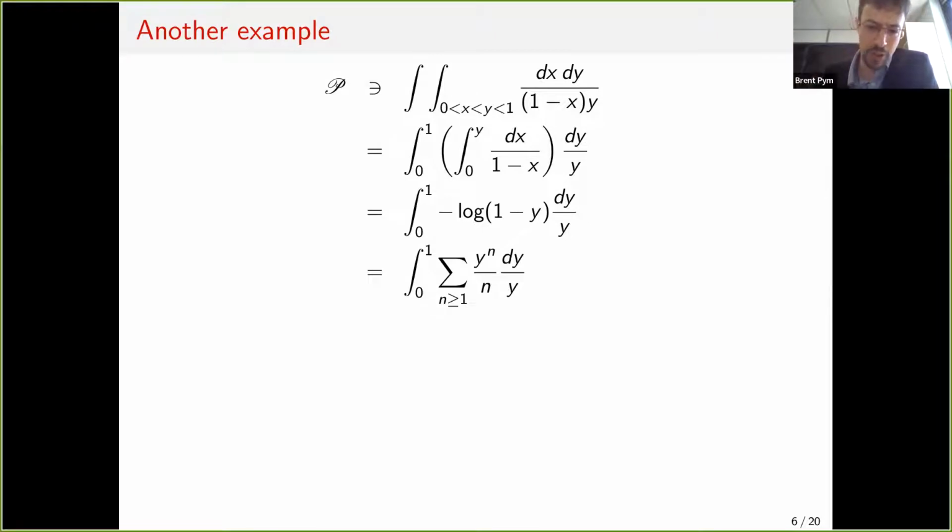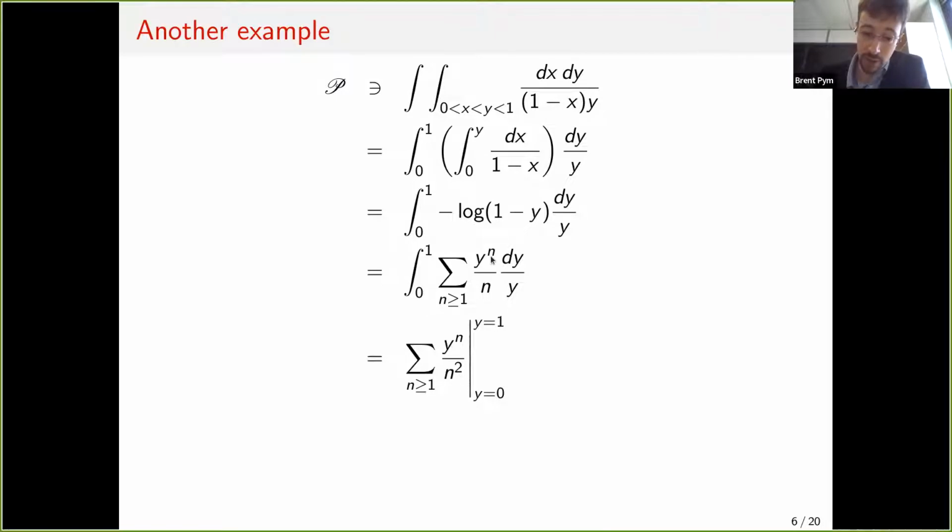So let's try to do this instead by computing the Taylor expansion. Logarithm of 1 minus y, with a minus sign out in front, has a Taylor expansion: the sum of y to the n divided by n. Then I have to divide by y and integrate with respect to y. Integrating y to the n over y gives me y to the n divided by n. So I get an antiderivative, which is a sum of y to the n over n squared.